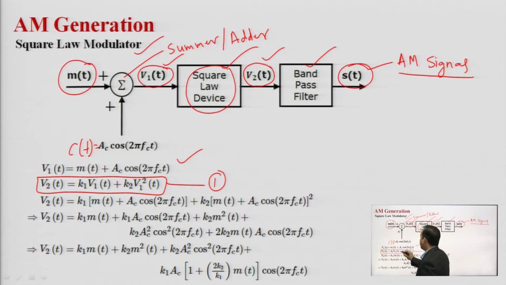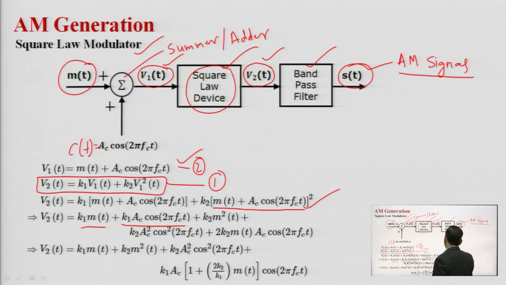So we put the value of v1 in this first equation and achieve v2(t). We just try to expand this equation. We have this first term, this is our second term. Now just expand, this is a square, so again we must have three terms: 1, 2, 3. As a result we have 5 terms in this expression of v2(t).